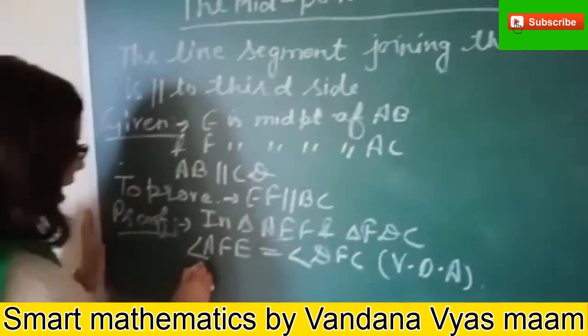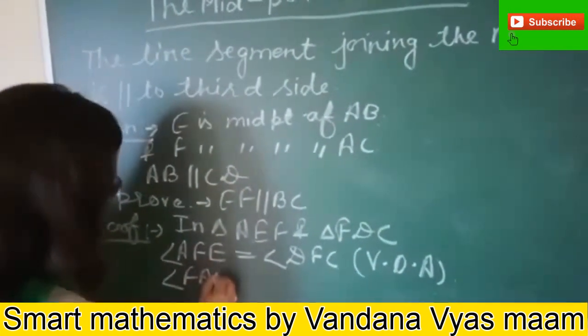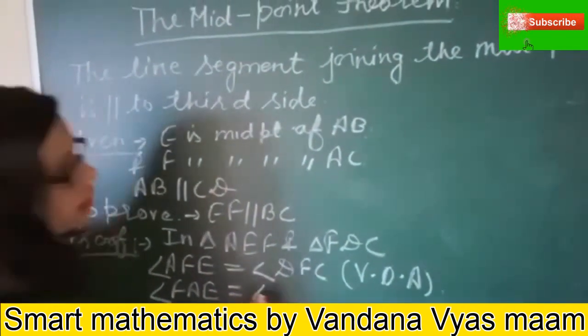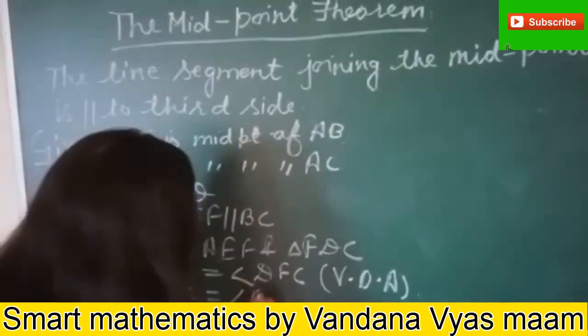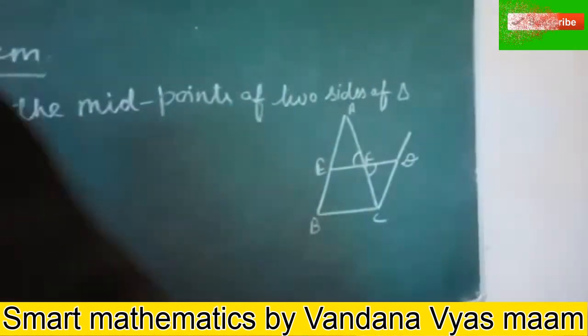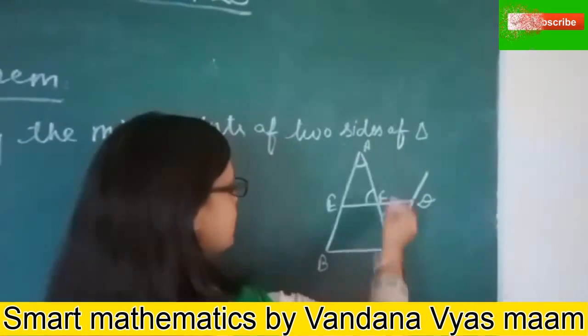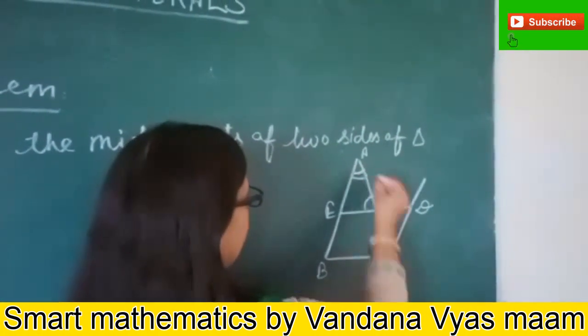And again, angle FAE is equal to angle FCD. Means FAE is equal to angle FCD. Because means this angle is equal to this angle.